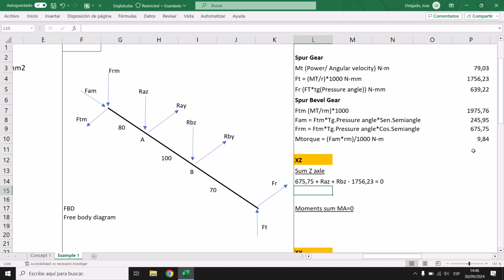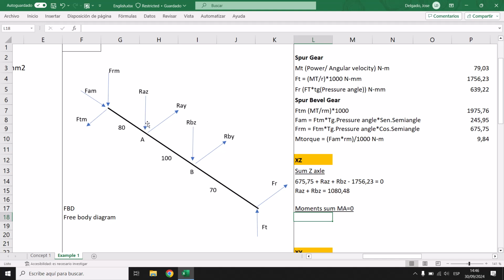Don't worry, I've already done this exercise. If you just make this, it's going to be equal to 1,080.48.